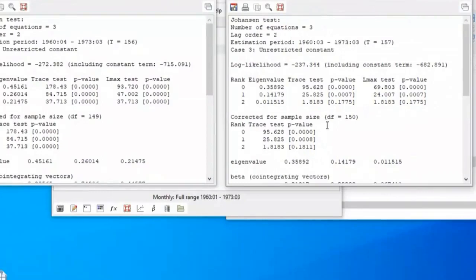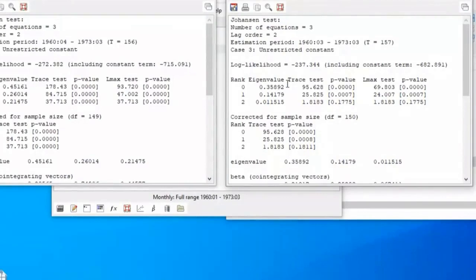Because a VAR model has an endogenous variable as a function of its own past values and the past values of other endogenous variables. That is a VAR model.